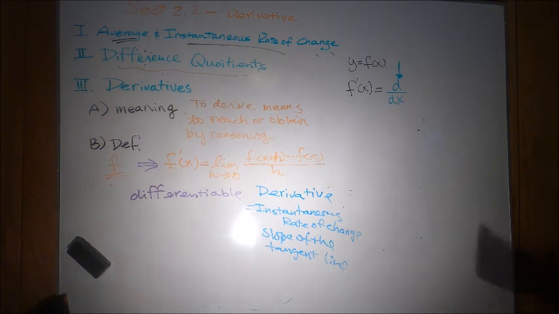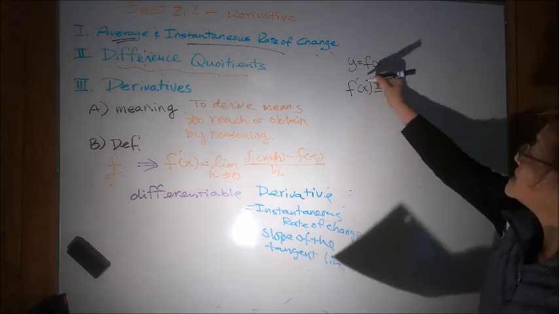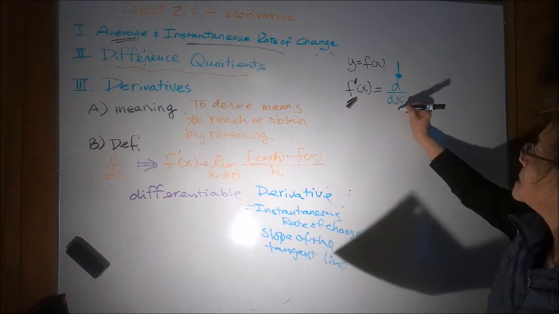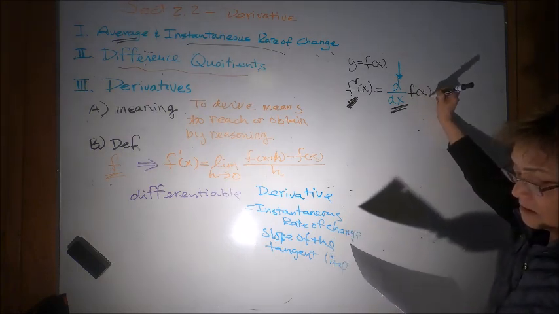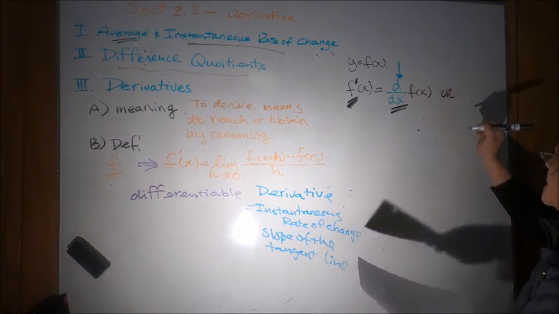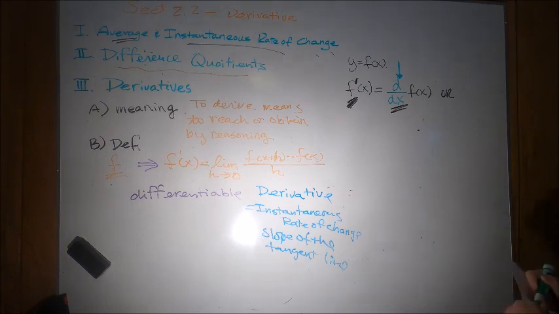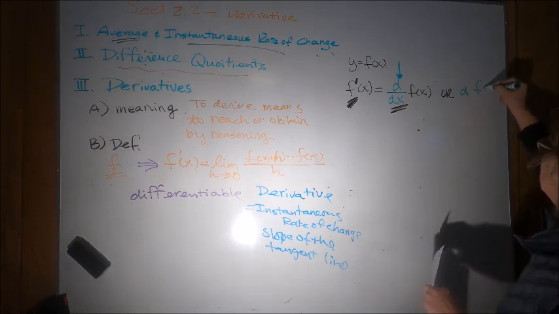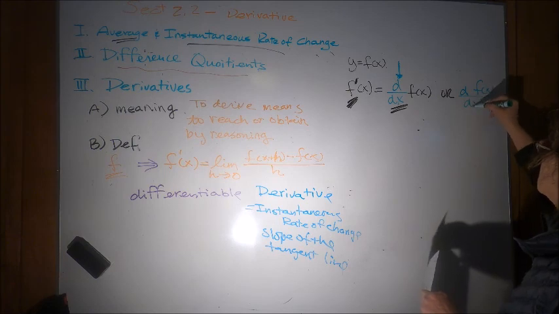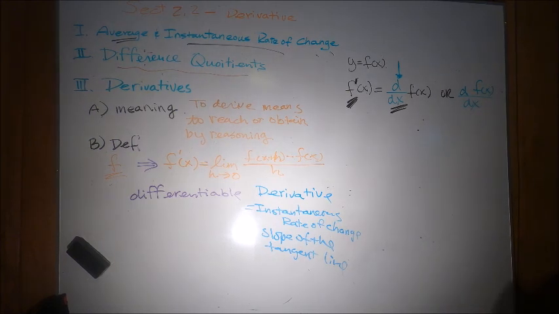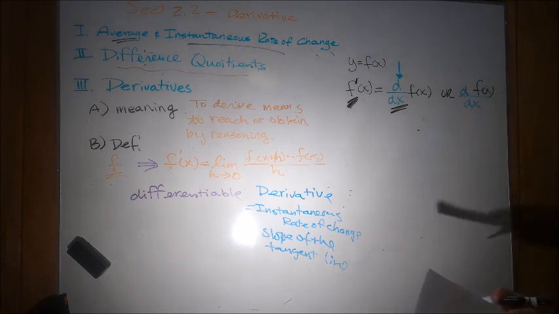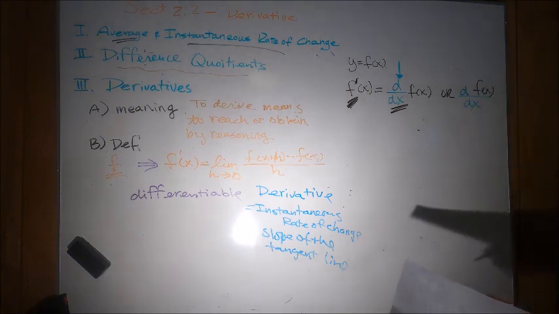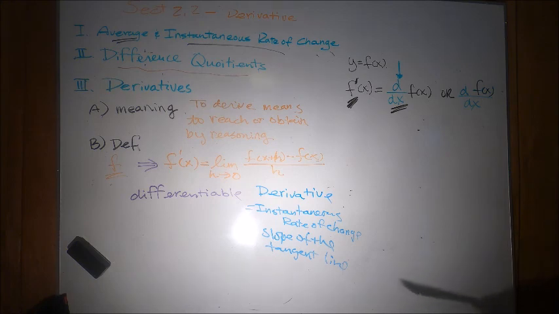You will find out how we are going to operate on it later on. So instead of f prime here, he used d over dx of f of x. Or he will write it this way: d f of x over dx, for a reason. So that's your f of x. Then we can also use this way.